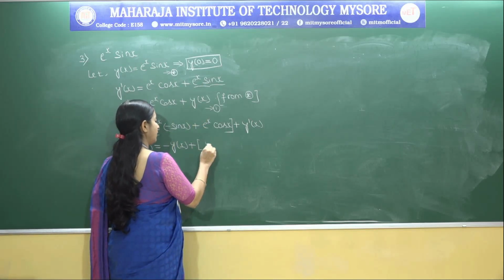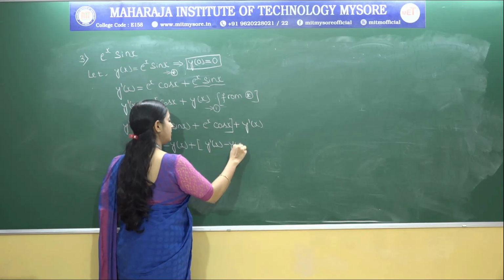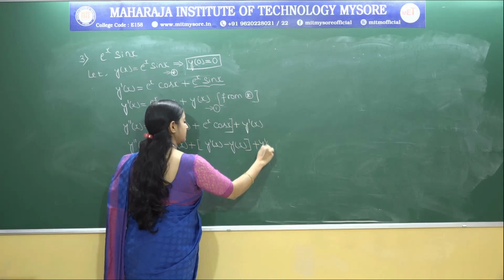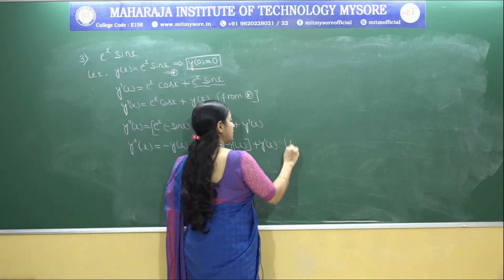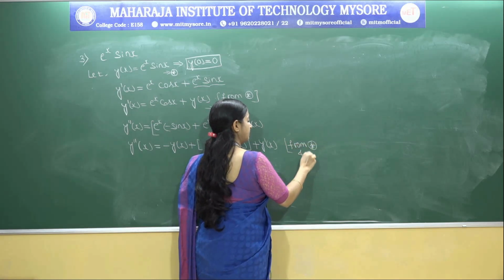So for the second term, y dash of x minus y of x using the equation 1, plus keep the last term as it is. I use the equation star and the equation 1.